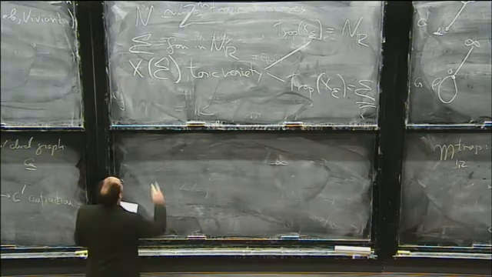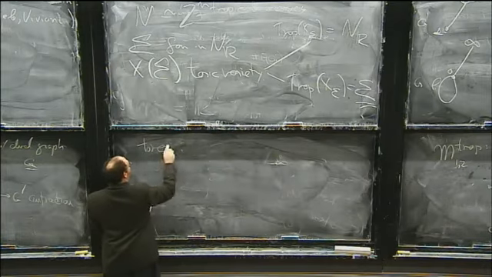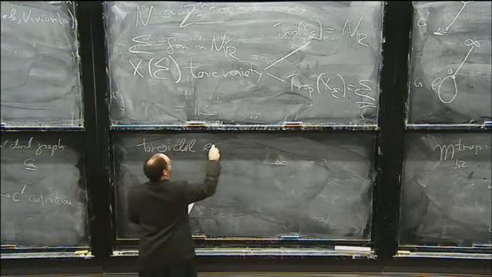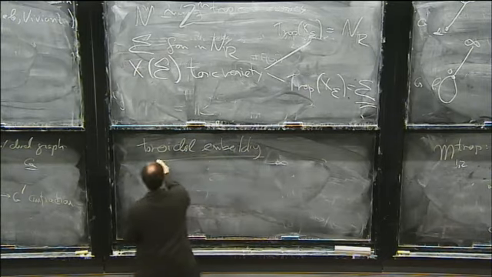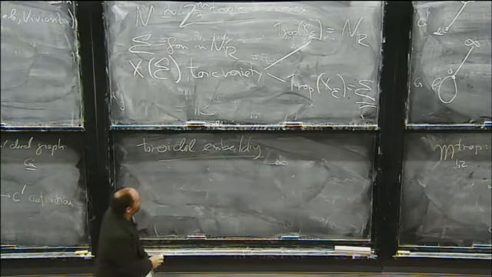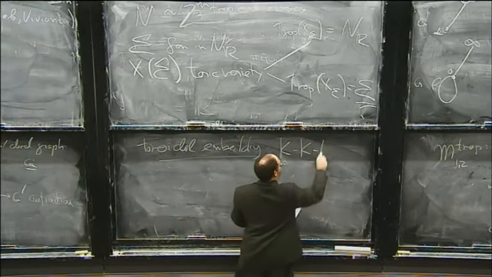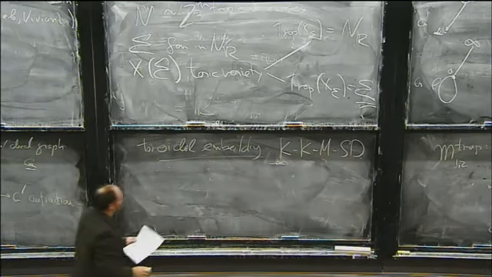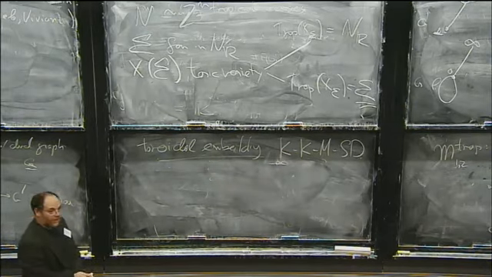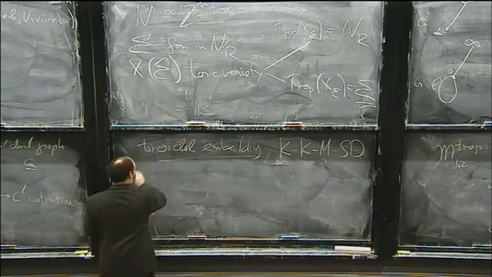So there's a generalization of the notion of a toric variety, which is called a toroidal embedding, which is originally due to Kempf, Knudsen, Mumford, and Saint-Donat. And a toroidal embedding is something that locally in the étale topology looks like a toric variety. So here's a picture of one toroidal embedding.